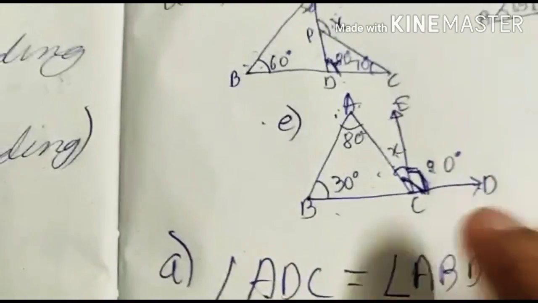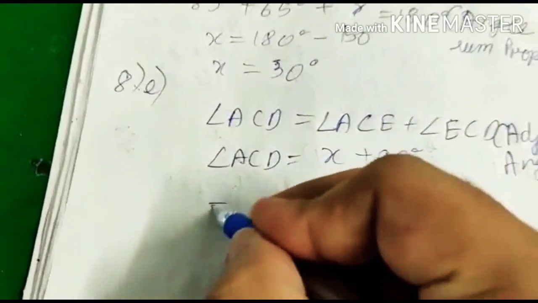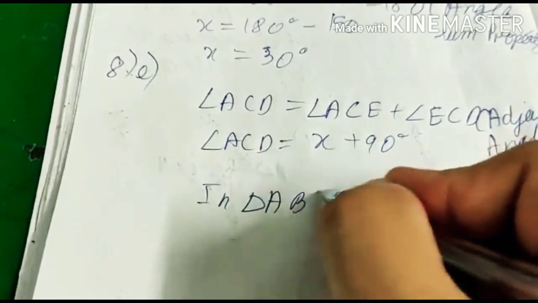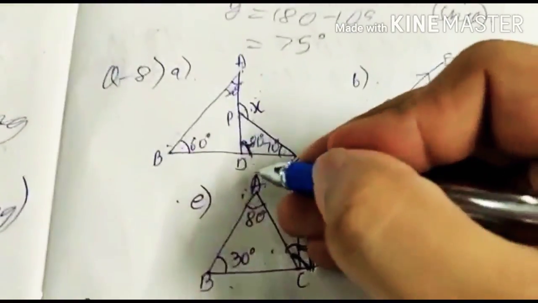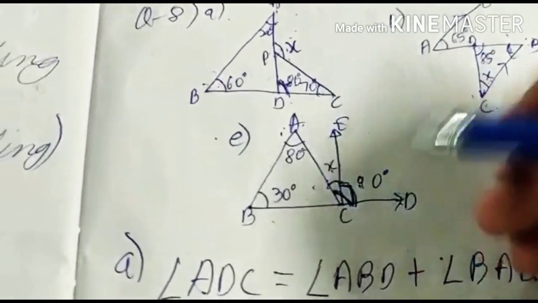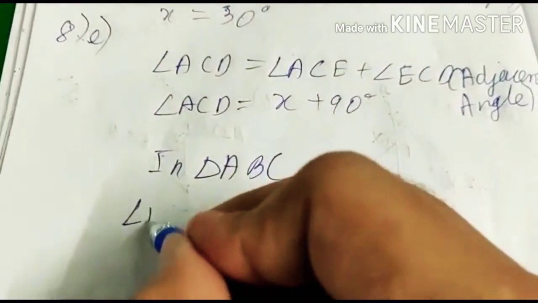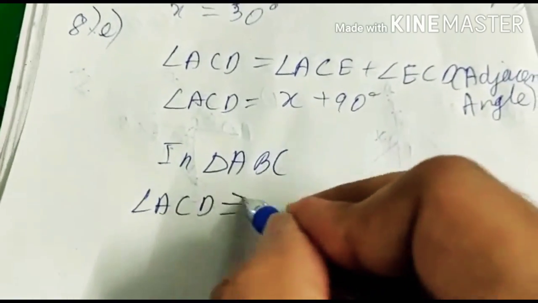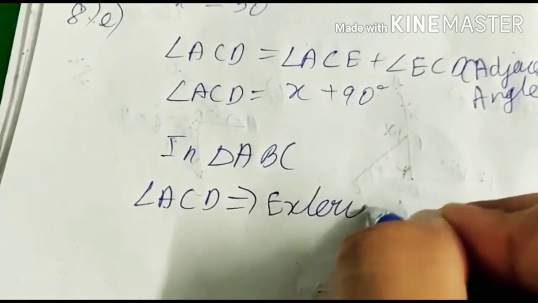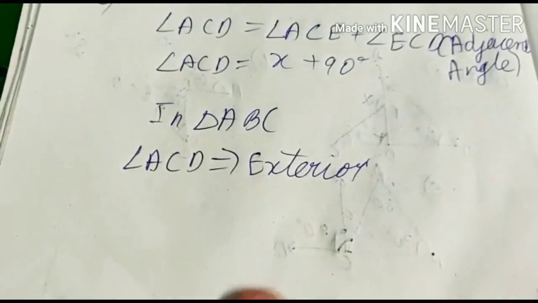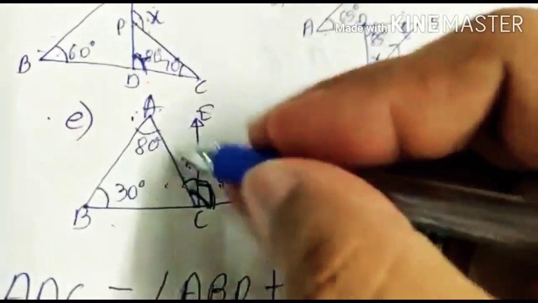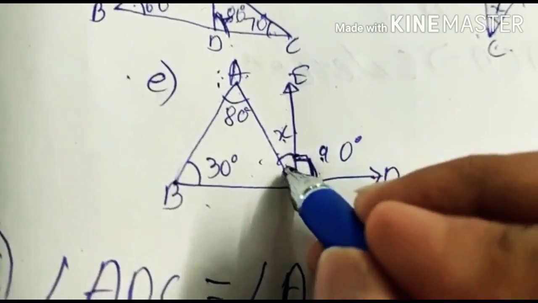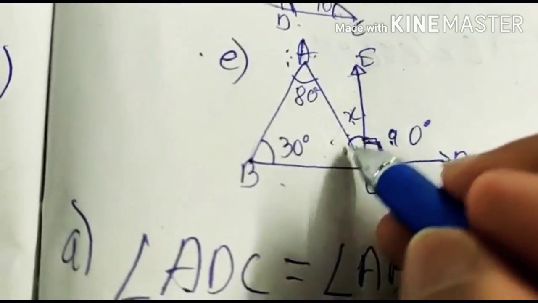Okay, so what next? In triangle ABC, angle ACD is the exterior angle. The exterior angle equals the sum of interior opposite angles. Here the angle is ACD, so this angle equals the sum of interior opposites.